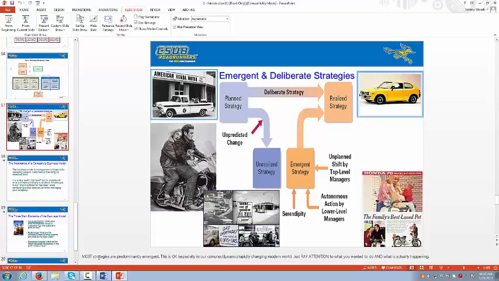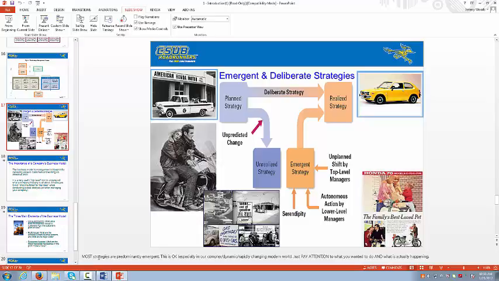So emergent versus deliberate strategies. Most strategies in the world are emergent in one way or another, which means that where you got to at the end is not necessarily where you thought you were going to get to when you started. So a deliberate strategy would be you make your plans, you go through the plans, you realize your strategy.